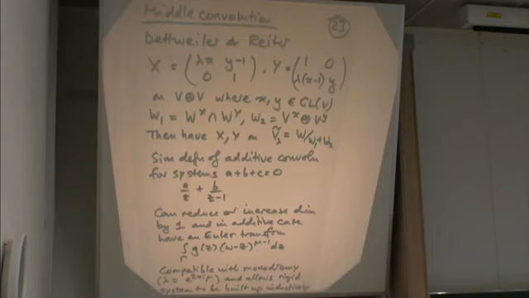So that works for the monodromy, and it works for the differential equation that you're trying to solve. And they are compatible. So if one thing is the monodromy of the other, when you do this process of middle convolution, the result is also the monodromy of that new system.